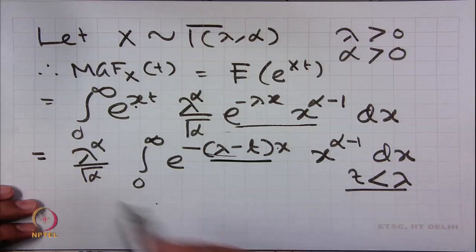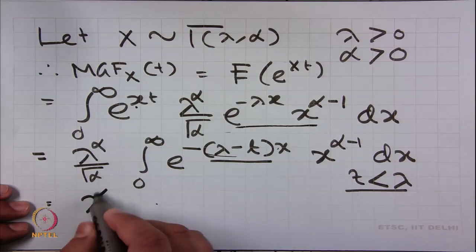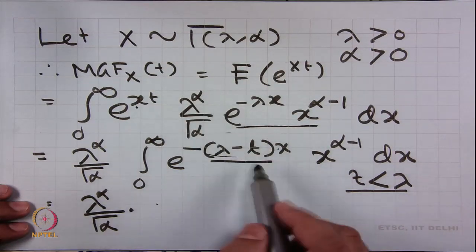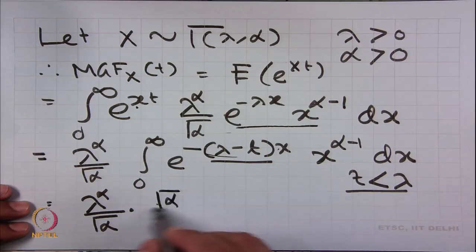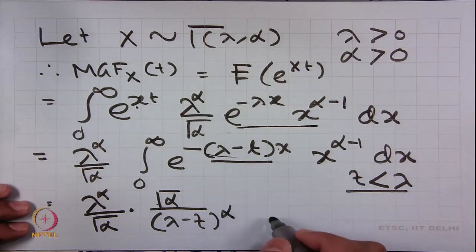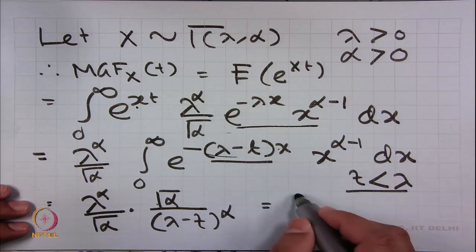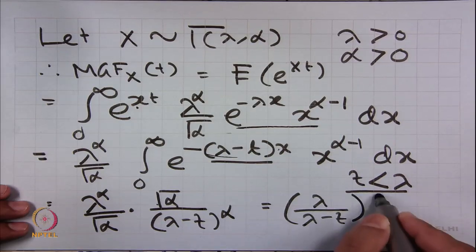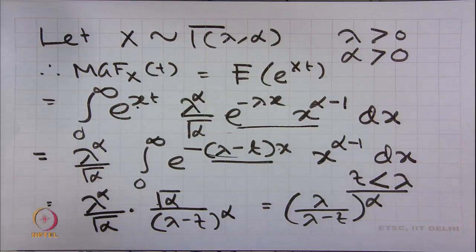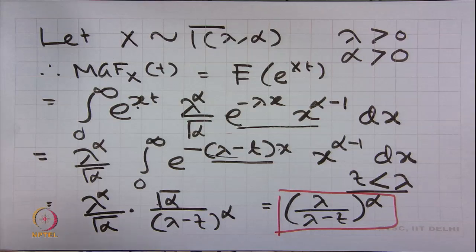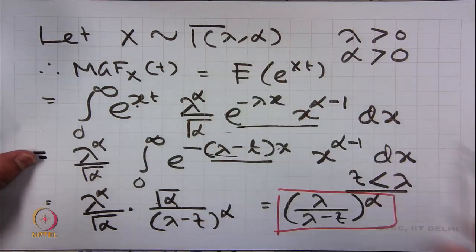Therefore, by comparing, instead of gamma alpha upon lambda power alpha, it is going to be gamma alpha upon lambda minus t power alpha, which says that the MGF is equal to lambda upon lambda minus t whole to the power alpha. So, this is the moment generating function for gamma lambda alpha.